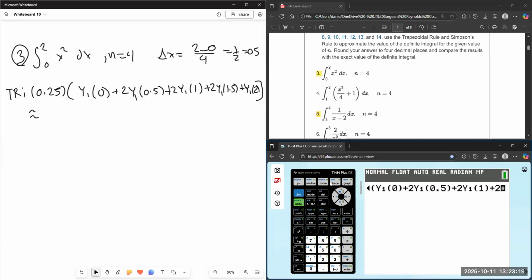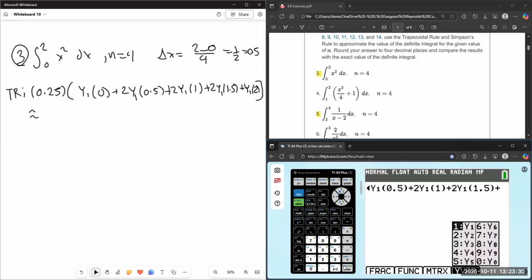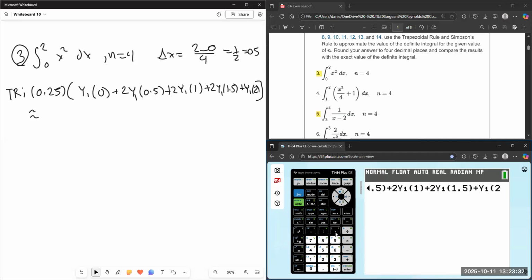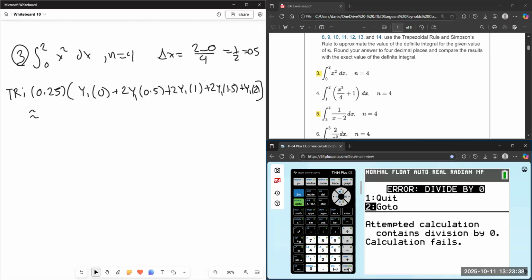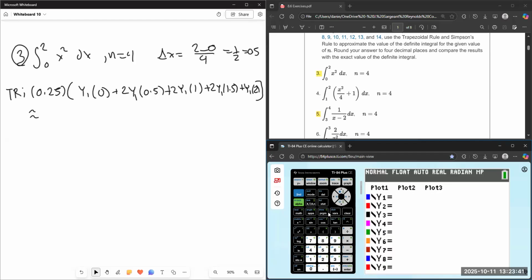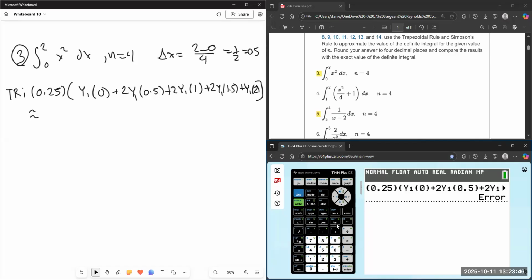Plus 2 alpha F4 Y1 of 1.5 plus alpha F4 Y1 of 2, close parentheses for the multiplication that's out front. And go to, where did I miss a parenthesis? Oh, this is x squared. I forgot to put the function in there first. All right, let's come back up here. There we go. So this is 2.75. Don't forget to put your function in Y equals first before you do this.